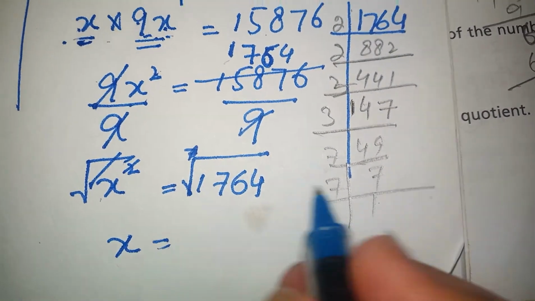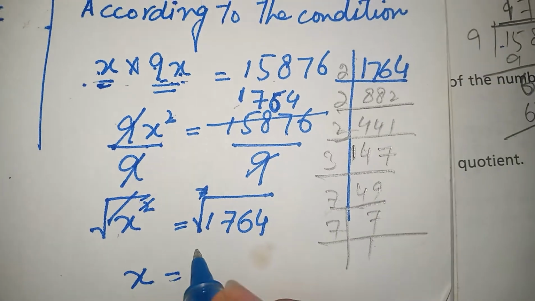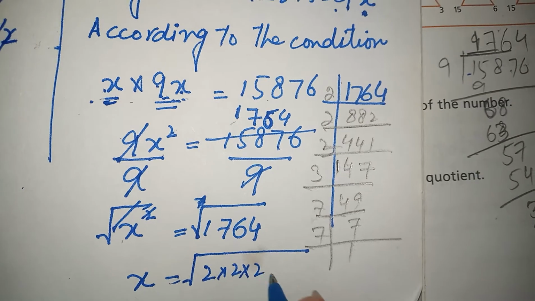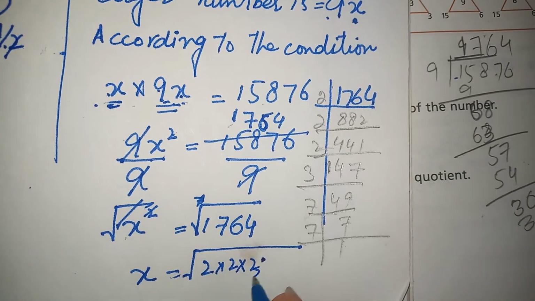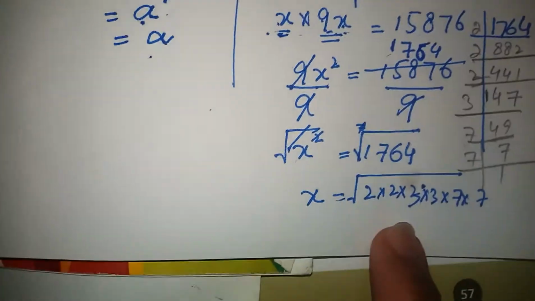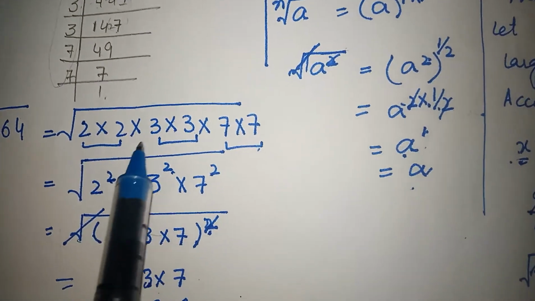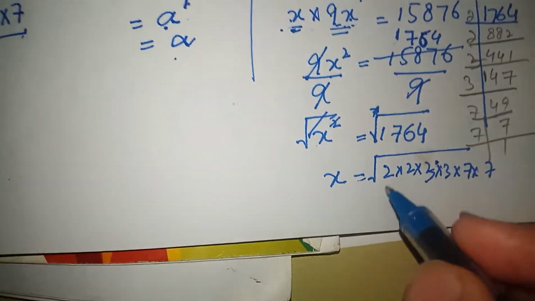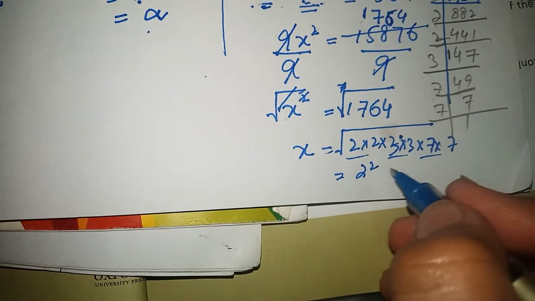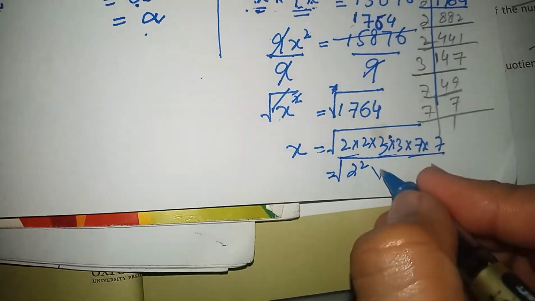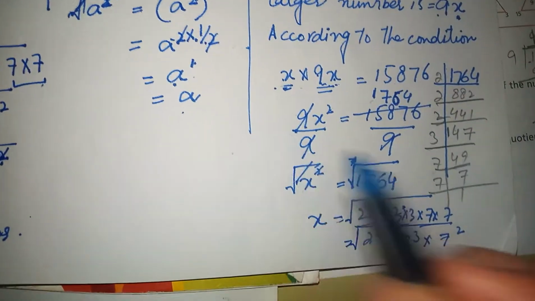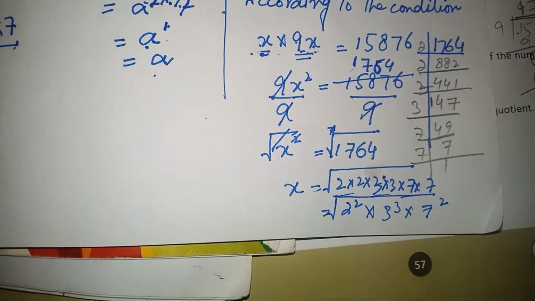You can see these are the factors of this number. We will write them as 2 multiplied by 2 by 3 by 3 by 7 by 7, and then follow the same procedure as before, making the pairs. Square of 2, then the square of 3, then the square of 7.